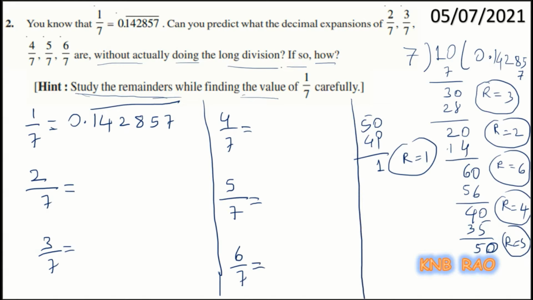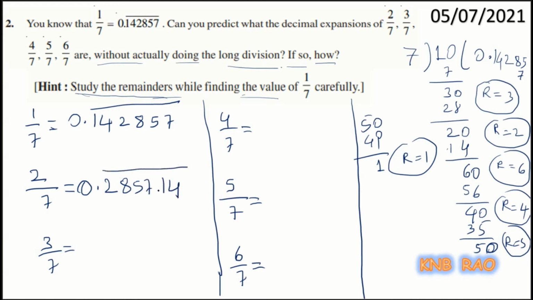I have already told you regarding 2 by 7, it will have the same digits, that is 1 4 2 8 5 7 repeating, but in a different order. What is the order? It is 2 8 5 7 1 4.